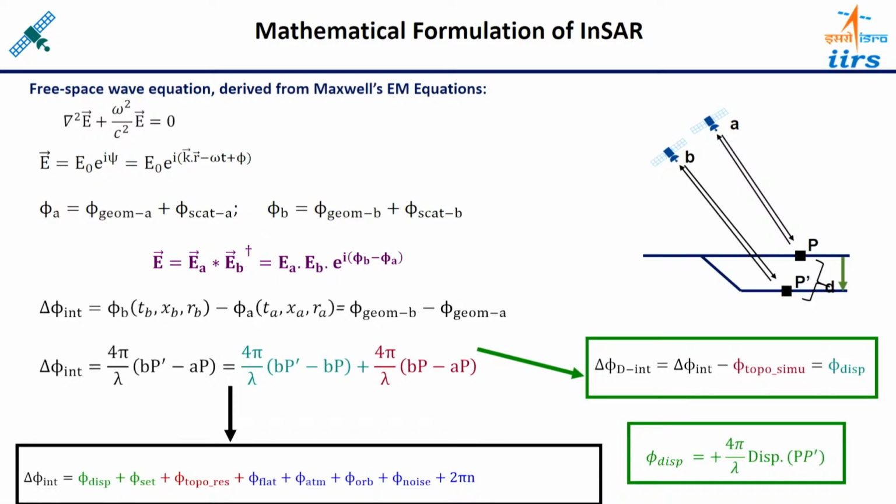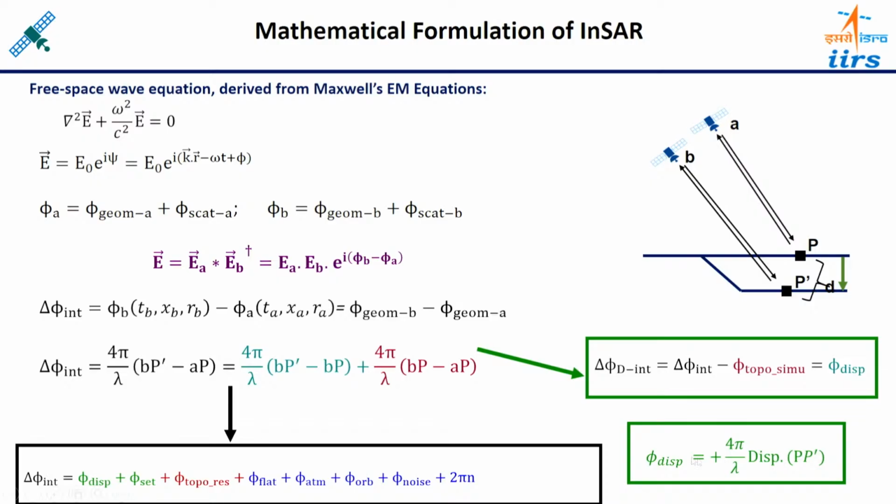So if you want to generate the DEM, you have to remove the other components very precisely. What will be left after removal? Only the contribution of the phi topography. And then phi topography you can use with this formula: phi topography equals 2 pi or 4 pi upon lambda into height. So that height parameter you can calculate from the topographic phase. This is another application of InSAR or interferometry.